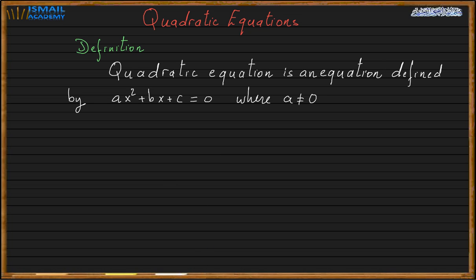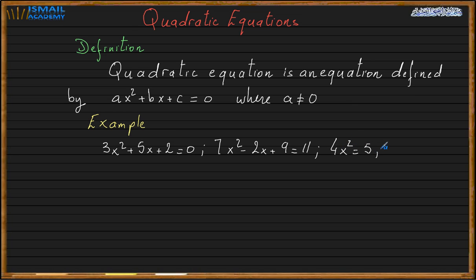So let me give you an example of quadratic equations. For example, 3x squared plus 5x plus 2 equals 0. 7x squared minus 2x plus 9 equals 11. 4x squared equals 5. (2x minus 5) squared equals x minus 9, and so on.